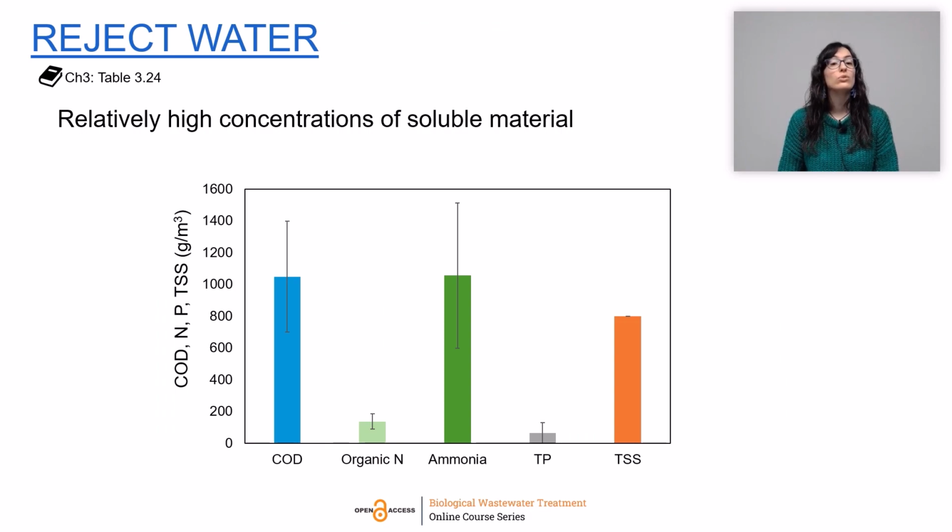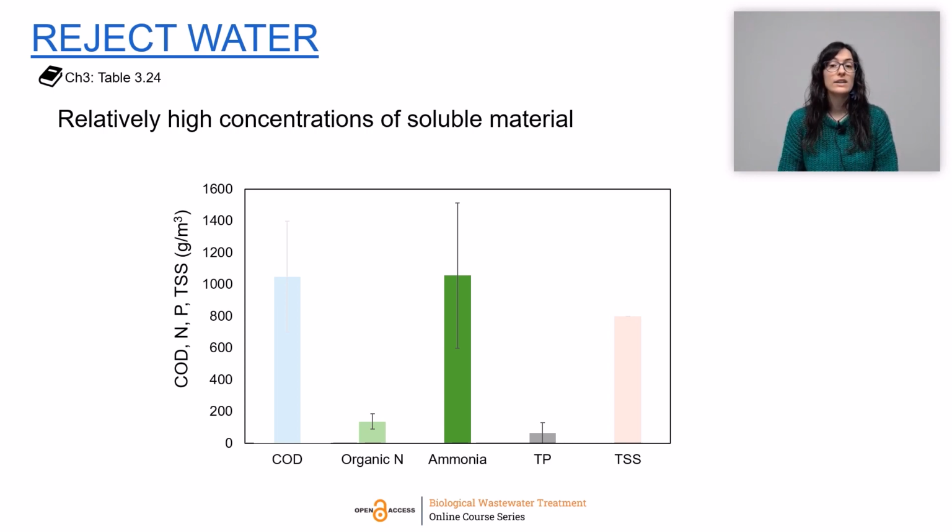If we go now to the reject water from sludge dewatering, it usually has high concentrations of soluble material, including organics and nitrogen. For example, we can see in the figure that the average ammonia concentrations are around 1,000 grams per cubic meter, and they can oscillate between 600 and 1,500 grams per cubic meter.